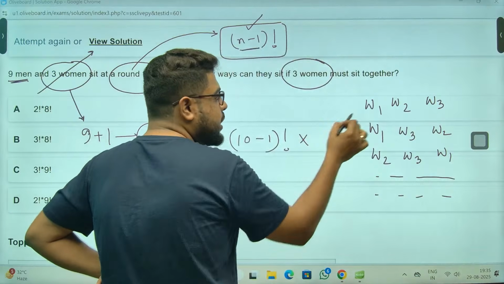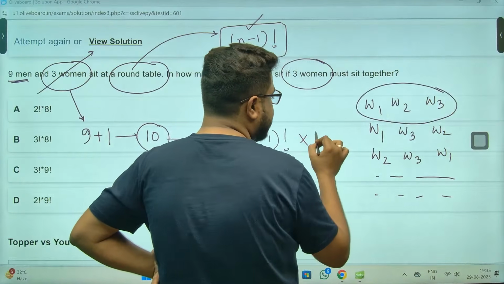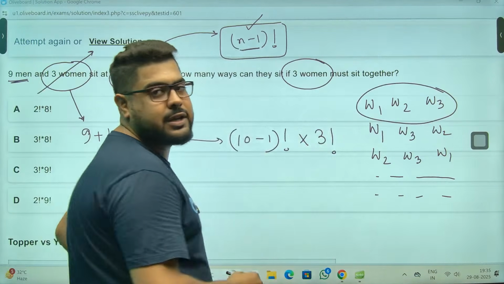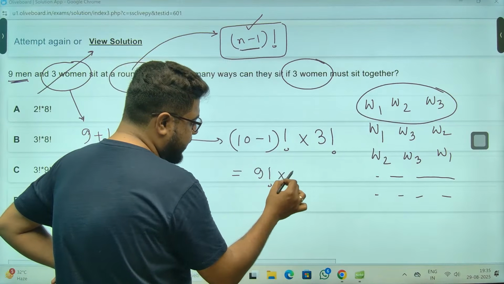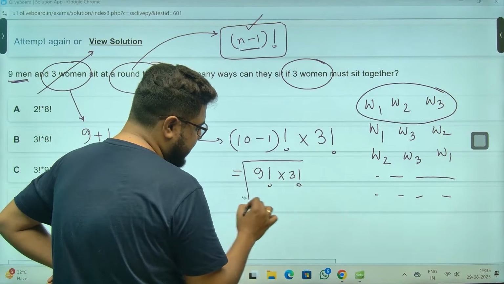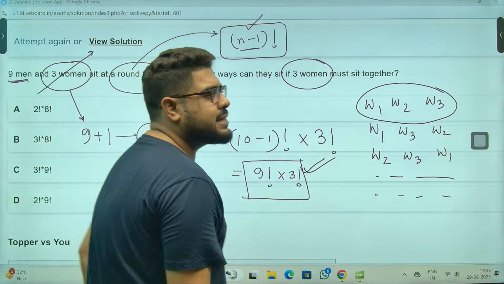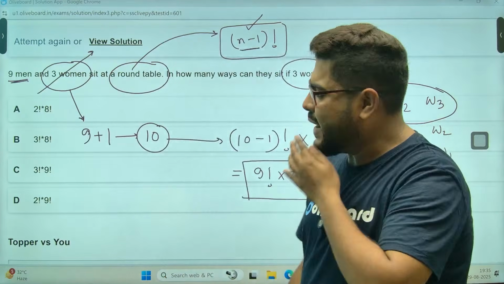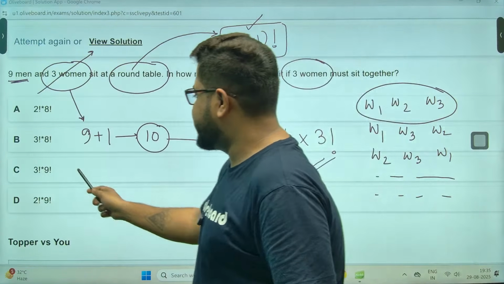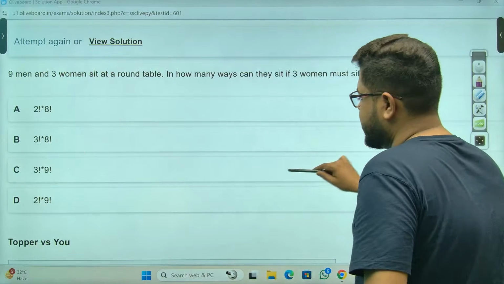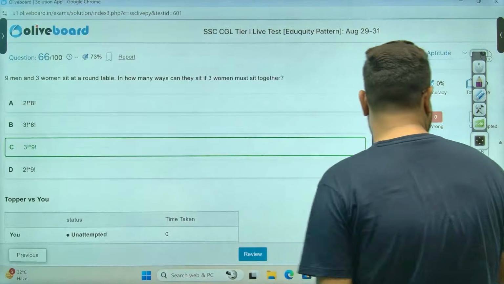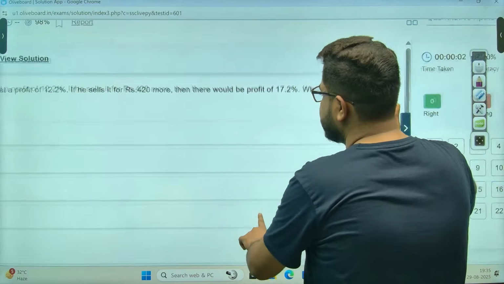How many actually? If there are 3 persons, the number of permutations will be 3 factorial. So your answer will be 9 factorial into 3 factorial. Again, these things I have discussed in detail. So this is option C, I can see. Option C is definitely your correct answer.